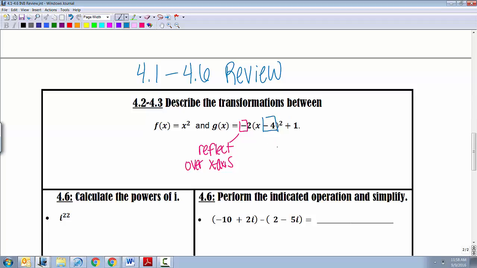What does this 4 inside mean? If you don't remember, there's a bright green chart in your interactive notebook that can tell you. Right 4. I missed one, this 2. What does a 2 all the way out in front mean? It's greater than 1, so it's going to stretch or compress. Stretch, good.